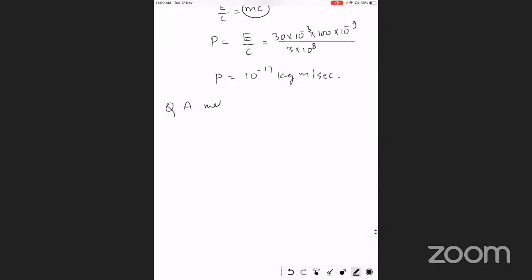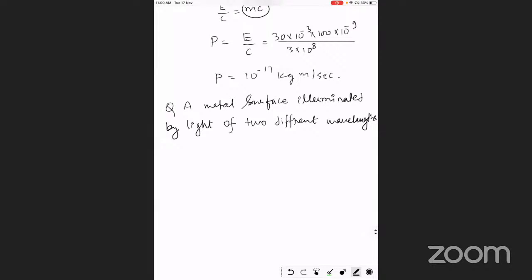A metal surface is illuminated by light of two different wavelengths, 248 nanometer and 310 nanometer.